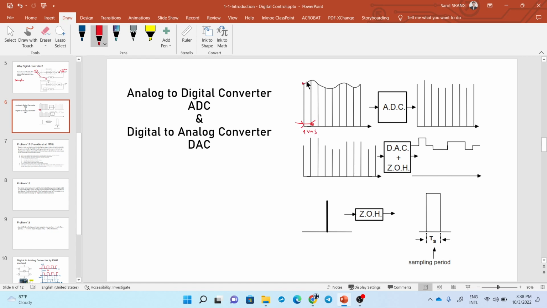So every 1 millisecond you pick up a value from the signal like that. That's called sampling. And the device that does the job is called an analog to digital converter. Okay, you have an analog signal, then you sample it, you get sample data like this.